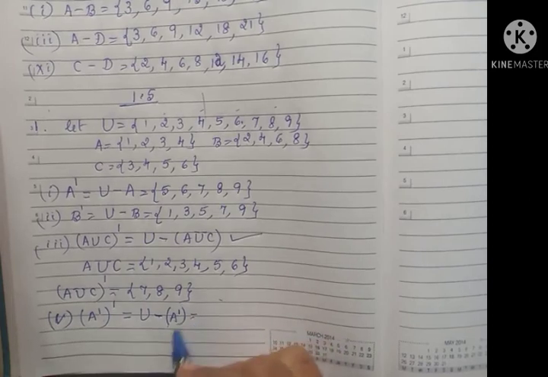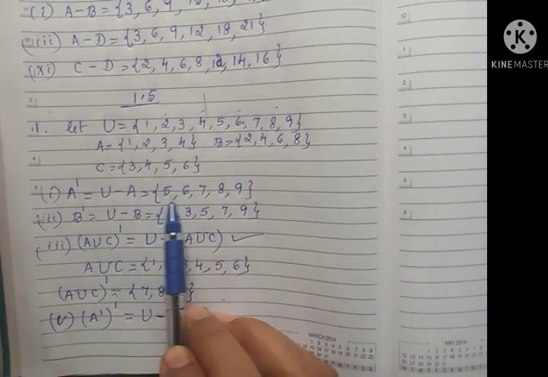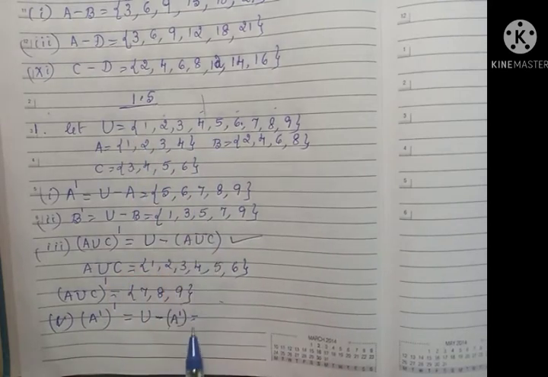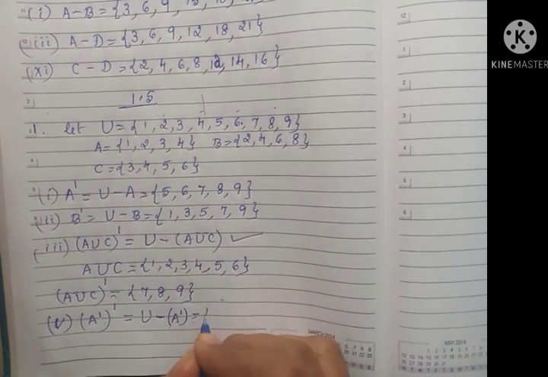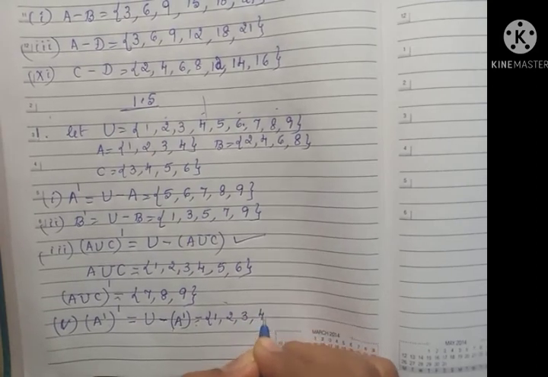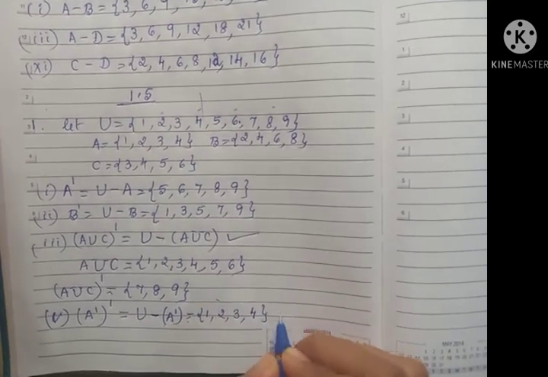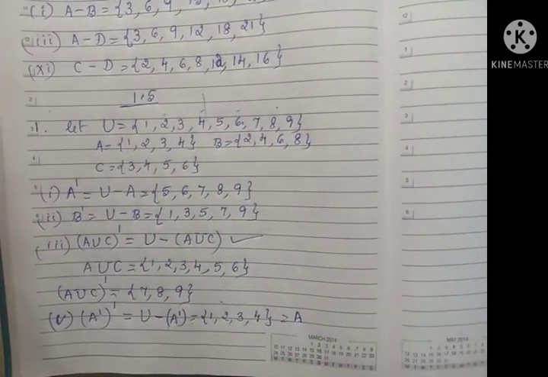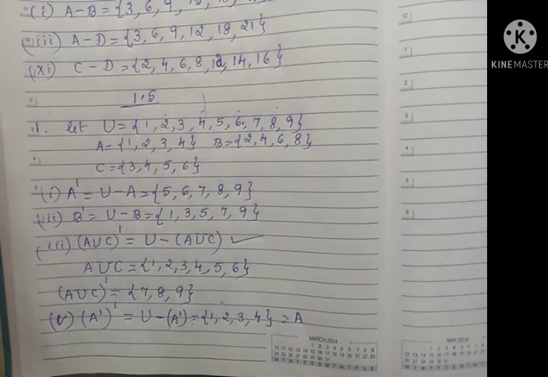So U minus A dash, except 5, 6, 7, 8, 9, all other elements of U is the answer here. That is 1, 2, 3, 4. This is nothing but the set A itself. So A dash of dash is nothing but A.